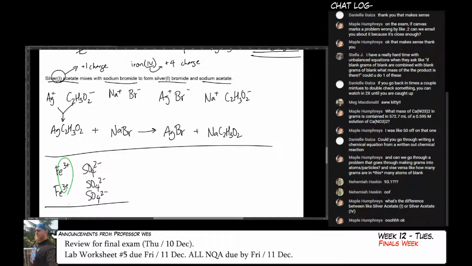Here when I look at the charges, I have +6, and when I look at the charges there, I have -6. So those are balanced. So the formula that they would all make together would be Fe2(SO4)3. So that's how you construct equations out of those things.